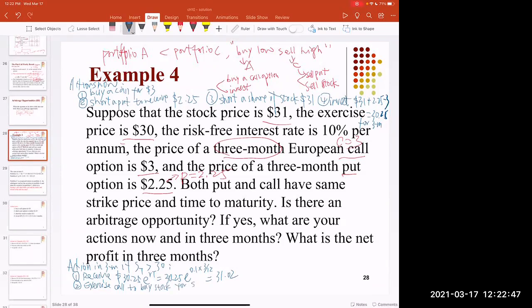For 30, because that's the strike price. And the difference, which is the net gain, is the money you receive, 31.02, minus the money you pay, 30. So 1.02, that's the amount you receive, if the stock price is greater than 30.